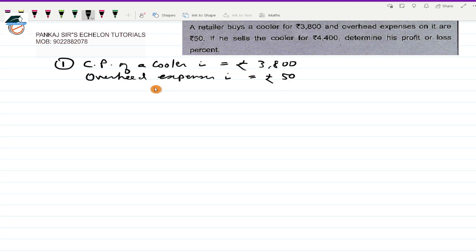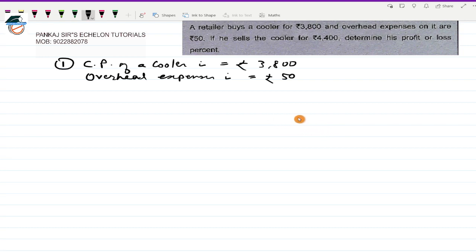Now normally what is this overhead? Overhead is nothing but something which is added to the cost price. You have to add it. This is the cost which comes under the category of, say, the traveling expenses, or if you have hired somebody to carry that particular object that you are purchasing, etc. So all miscellaneous expenses, which are apart from the cost price, are included in the overhead expenses.